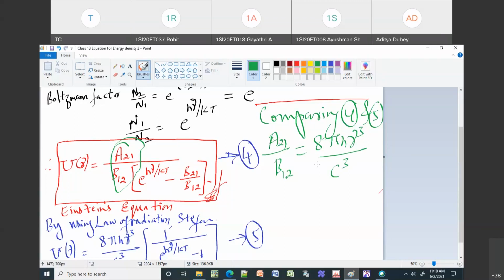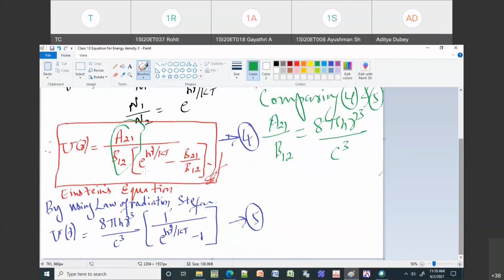In the same way, inside the bracket these two are the same, and this term is equal to 1, so I can write B21 by B12 equal to 1, or B21 is equal to B12.